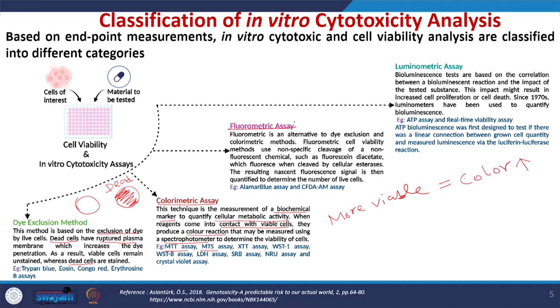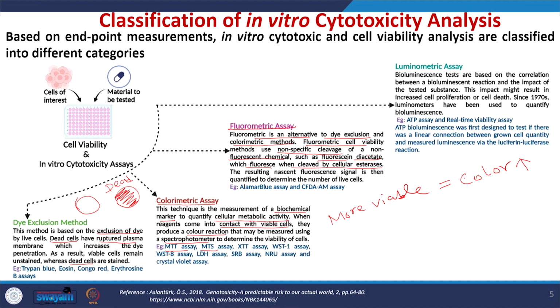The next assay is the fluorometric assay. This fluorometric assay is an alternative to dye exclusion and colorimetric methods. This fluorometric cell viability method is based on non-specific cleavage of non-fluorescent chemicals such as fluorescein diacetate, which will give fluorescence when cleaved by cellular esterase.